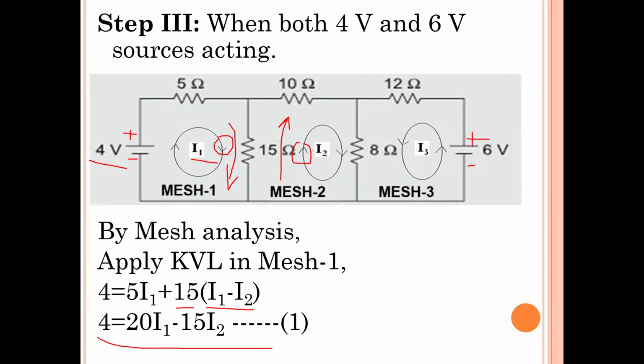Just solve it. What do you get? 5 plus 15, 20 into I1, minus 15 I2. So 4 is equal to 20 I1 minus 15 I2. If anyone has not understood, just mention it in the chat box, and I will once again repeat the explanation.